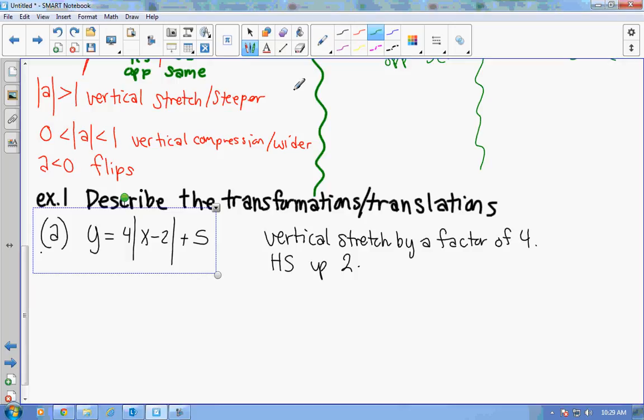I don't agree with up. What did she really say, Connor? But which direction, right or left? If it says minus, we're going to go right, because it's opposite, same. So let's change that up to right 2.